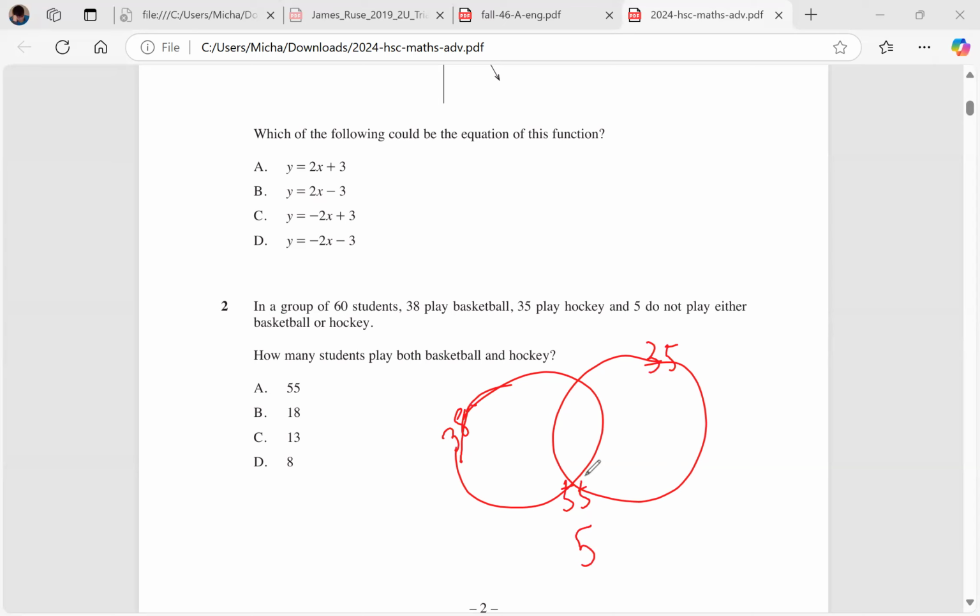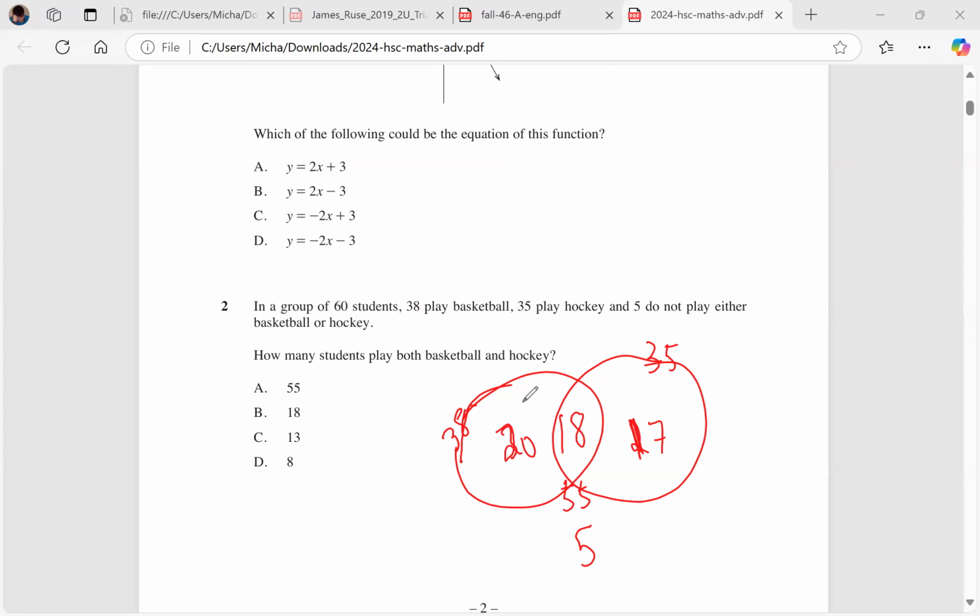And I guess you just need to come up with a number that's consistent. So if it's like 8, this is 30, and this is 27. And that does not give you 55. If you do like 18, then this will give you 17 and 20.